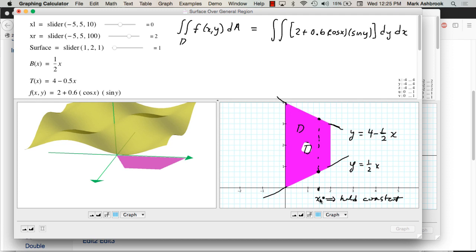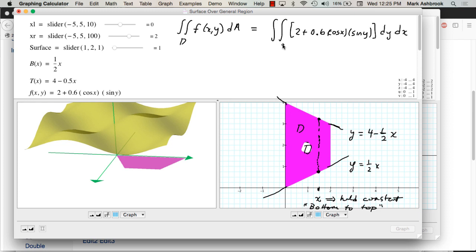So for a given constant x value, this inside integral is like accumulating a vertical strip from bottom to top. That's what integrating with respect to y means: the bottom of the region, wherever it is, to the top.